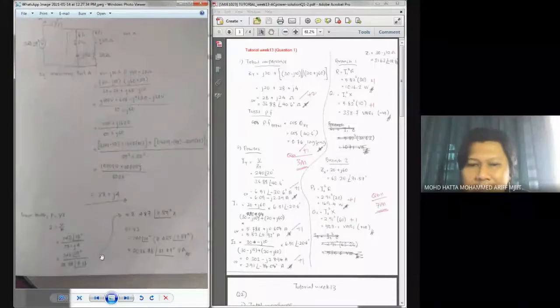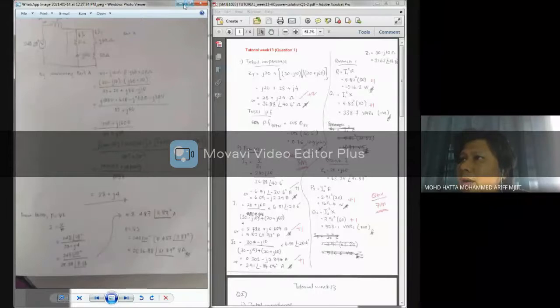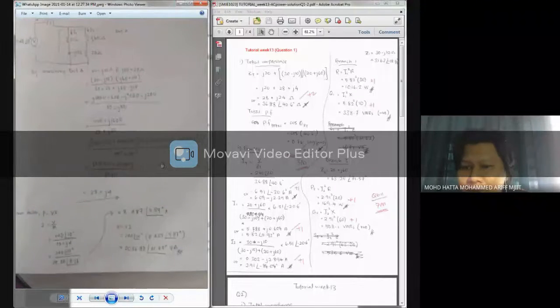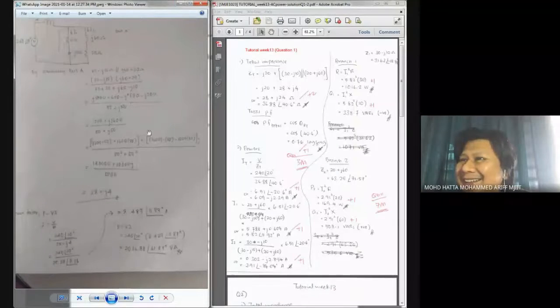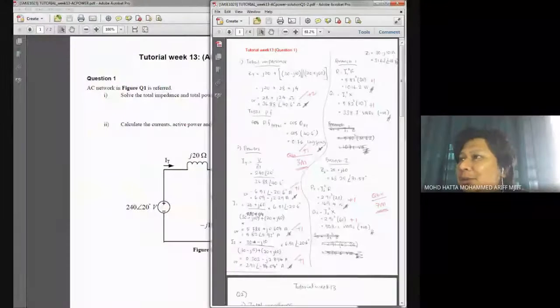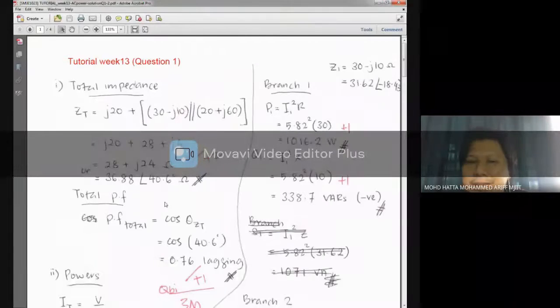This one, I think, is totally wrong, the strategy as well as the numbers over here. Okay, thank you so much, Mo, for your brave effort to volunteer. At least you know what is going on in the solution and how you can improve from your mistake.